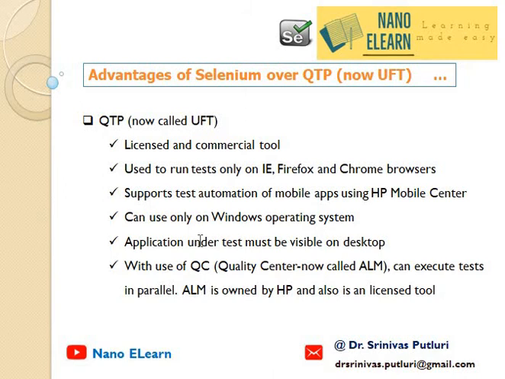It can be used only on the Windows operating system and not all other operating systems like Selenium. The application under test must be visible on the desktop. With the use of Quality Center, now called ALM, it can execute tests in parallel, but ALM is now owned by HP and it is also a licensed tool.